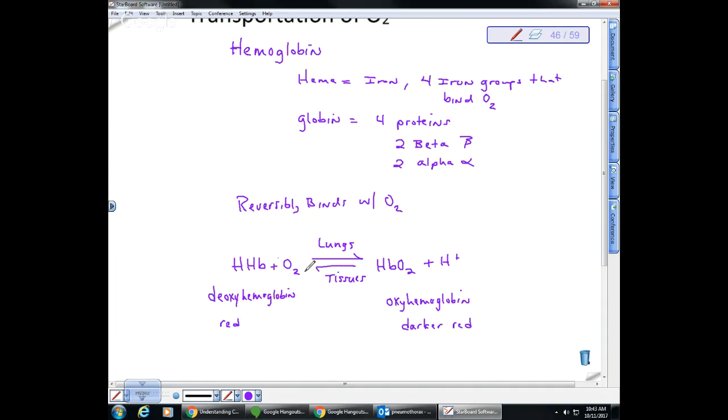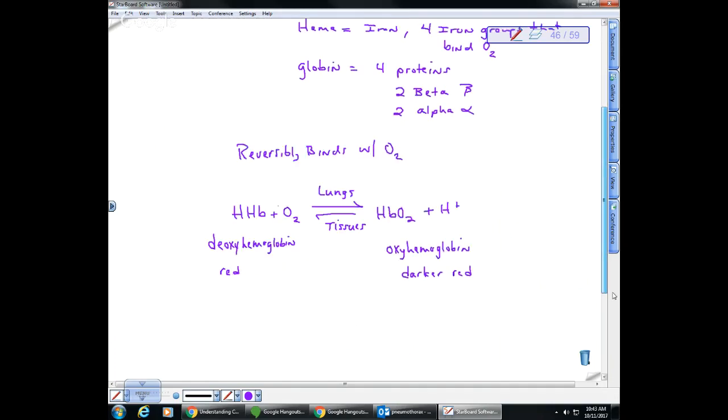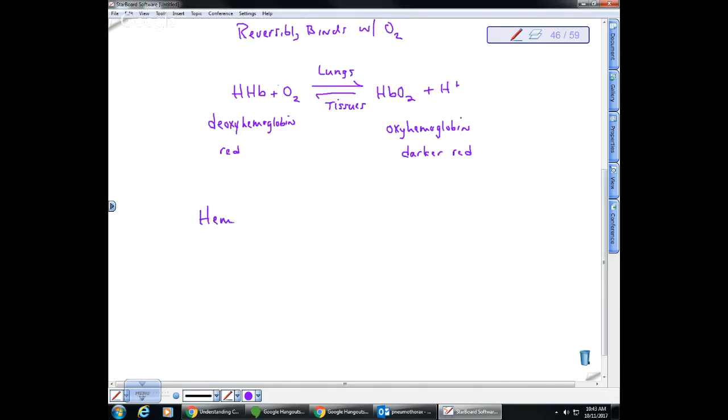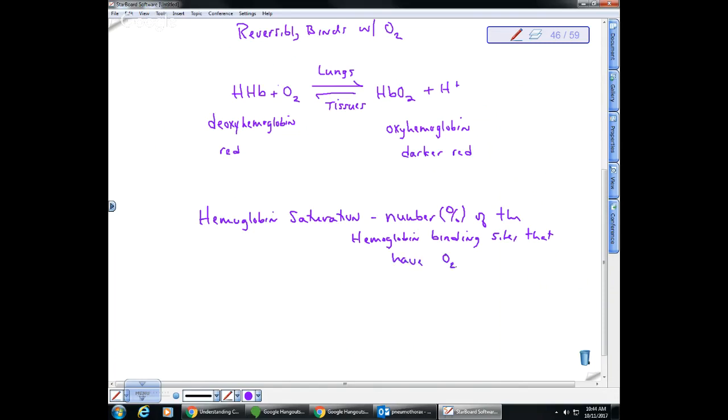Now, because there are 4 iron groups, we can talk about hemoglobin saturation. So this is the number or percent of the hemoglobin binding sites that have oxygen attached.